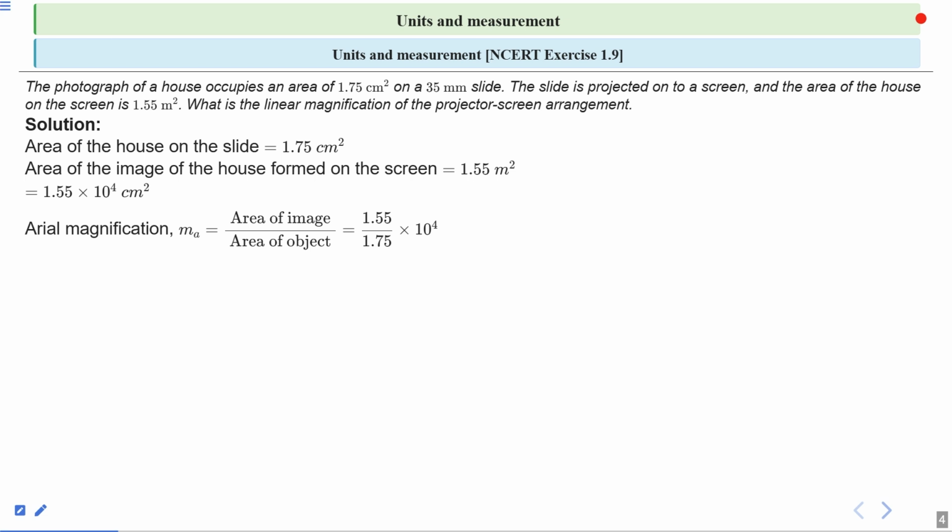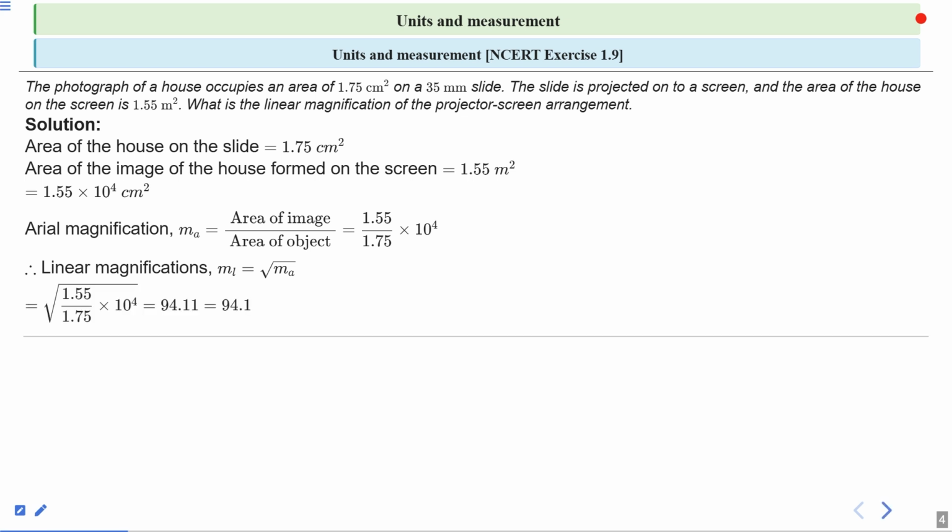Centimeter square will cancel because both are the same. So we will get its root, which will be equal to 94.11, because this is areal magnification. We need linear magnification, so linear magnification will be the root of areal magnification. That's why we are getting the answer as 94.1.